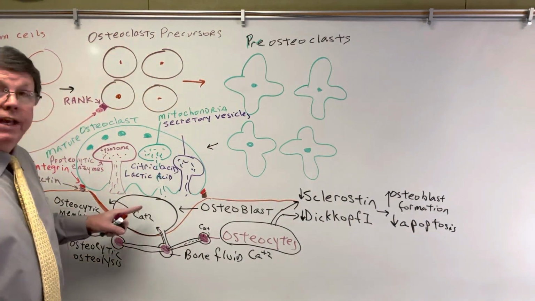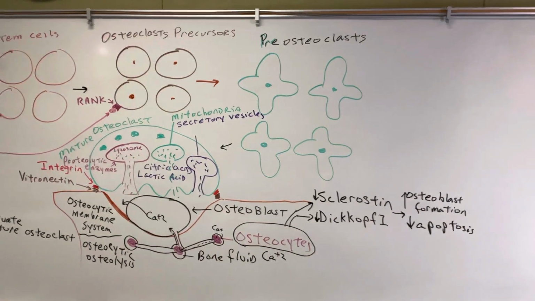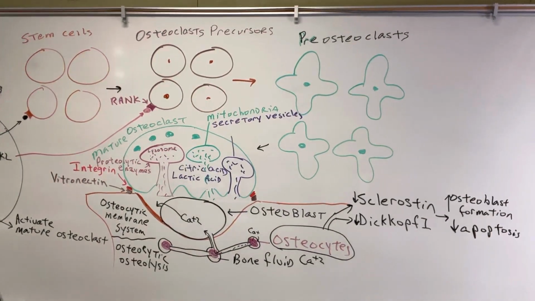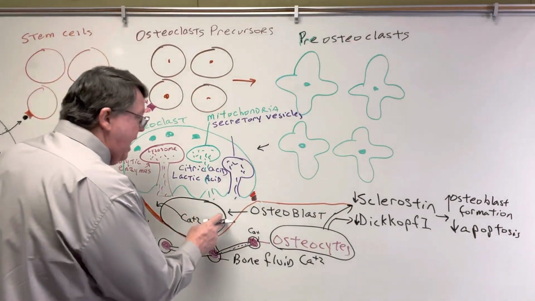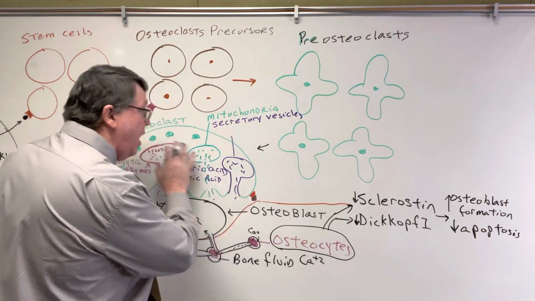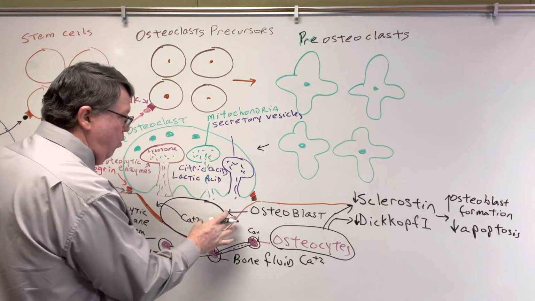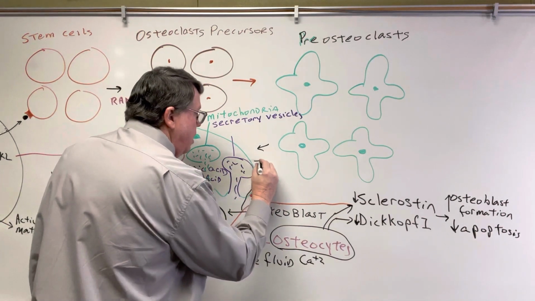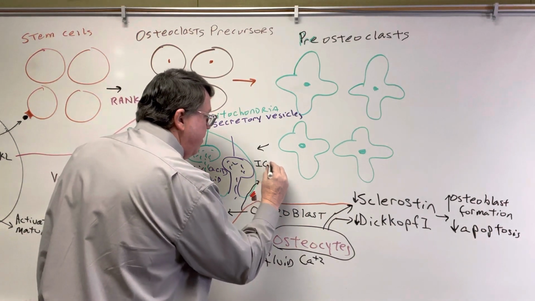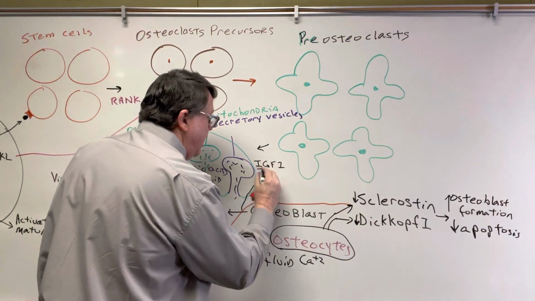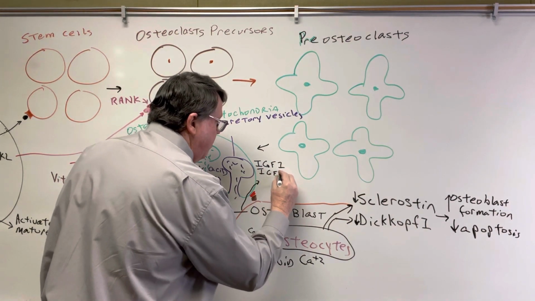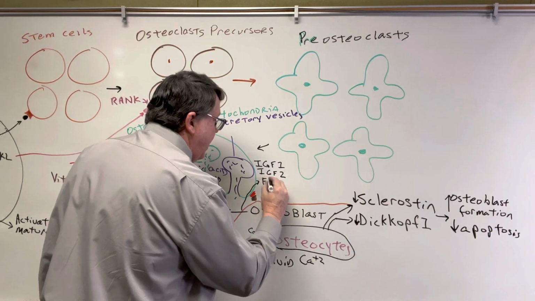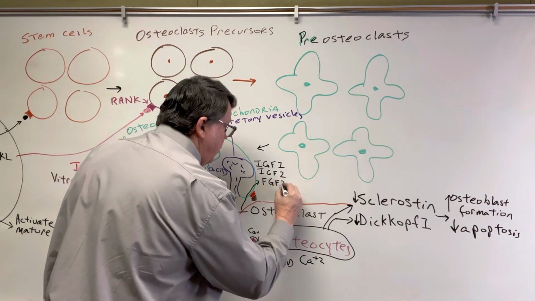The next way is kind of an indirect way, if we take a look at this real quick. And what's going to happen is as osteoclasts break down bone, it's going to release insulin-like growth factor 1, insulin-like growth factor 2, fibroblast growth factor 2.